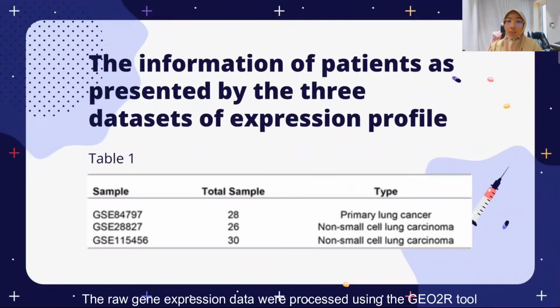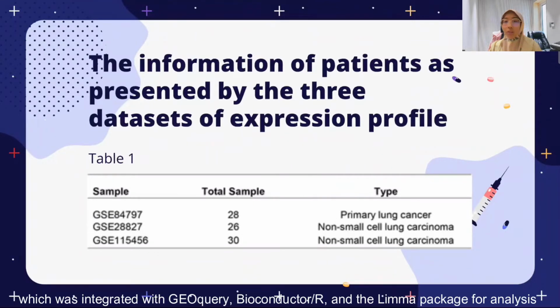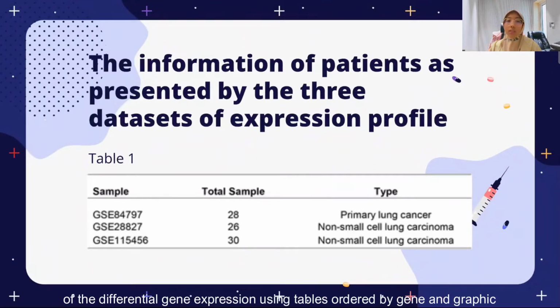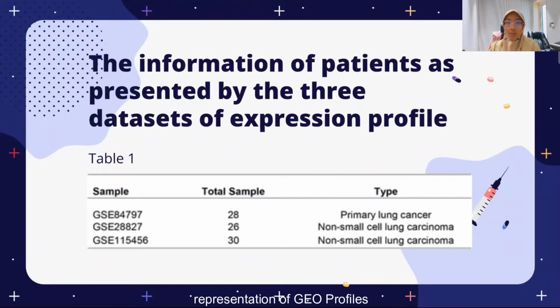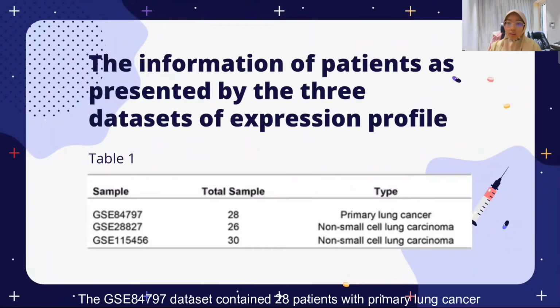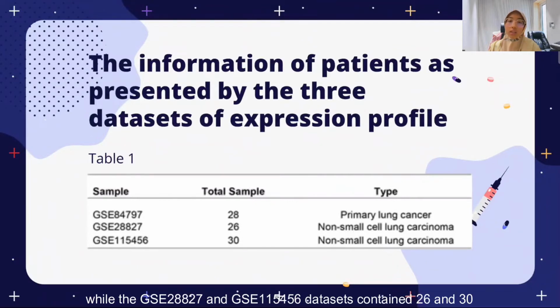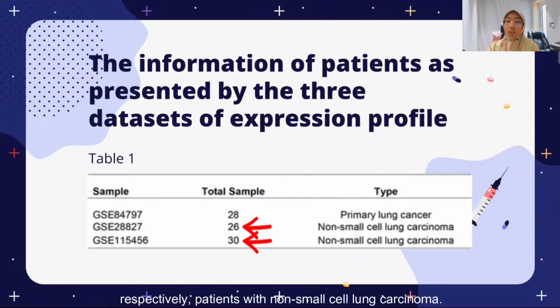The raw gene expression data were processed using the GEO2R tool, which was integrated with GEOquery, Bioconductor R, and the limma package for analysis of the differential gene expression using tables ordered by gene and graphic representation of GEO profiles. The GSE84797 dataset contained 28 patients with primary lung cancer, while GSE2827 and GSE115456 datasets contain 26 and 30 patients respectively with non-small cell lung carcinoma.